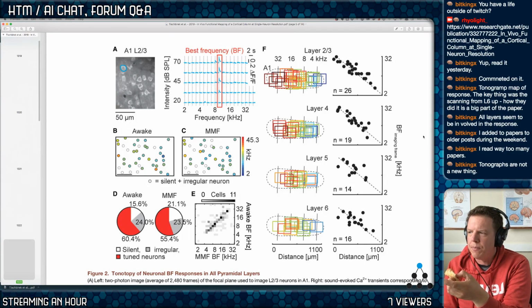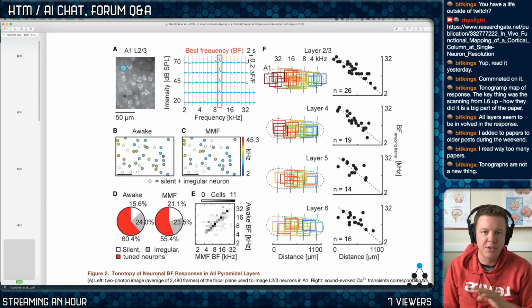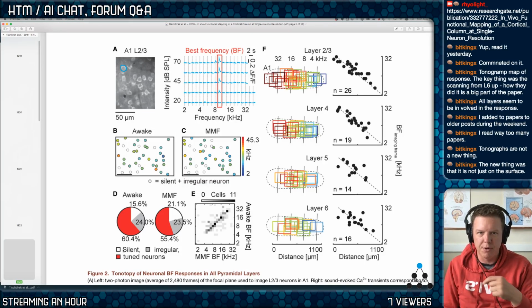So there's something interesting: you think about silent neurons too, because they did talk about the silent neurons, which is great because most reports just don't talk about the silent neurons. But the silent neurons are important. When you're recording, especially a population of neurons, sometimes there are neurons that don't do anything. They just don't fire during your experiment. Okay, so report on those, put that in your paper.